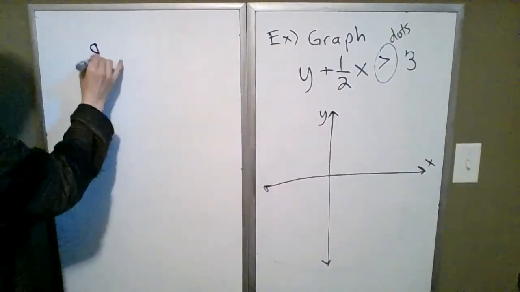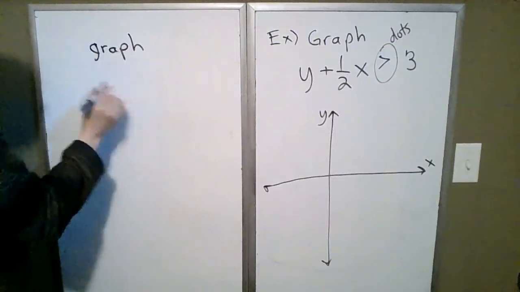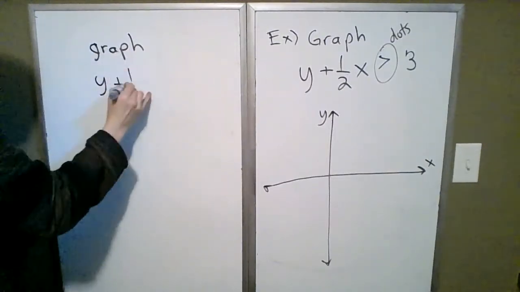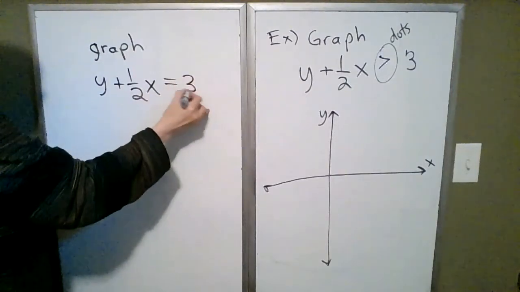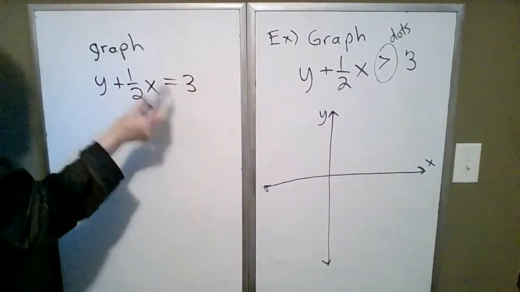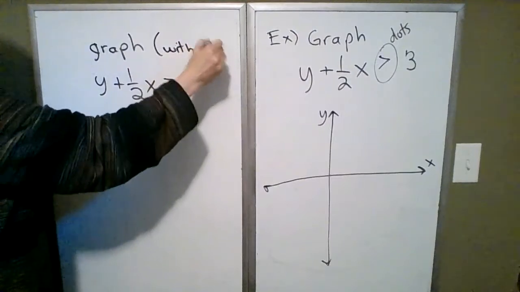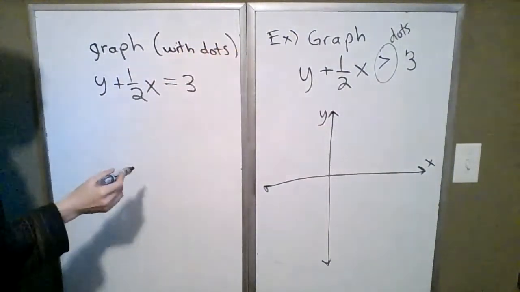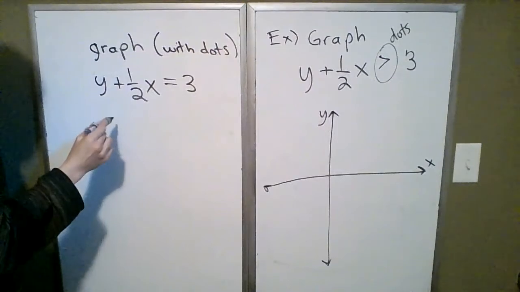we graph y plus 1/2 x equal to 3, with dots. I would subtract the 1/2 x from each side.